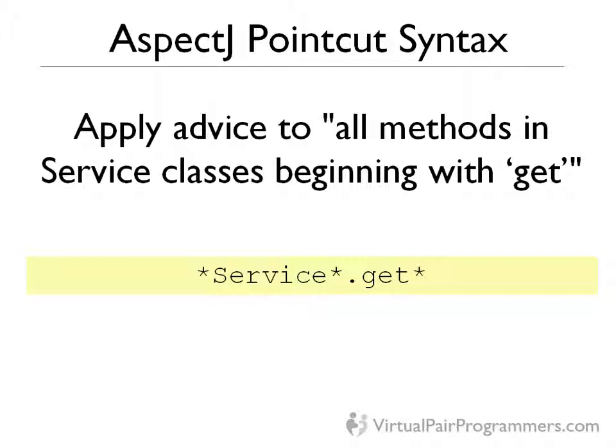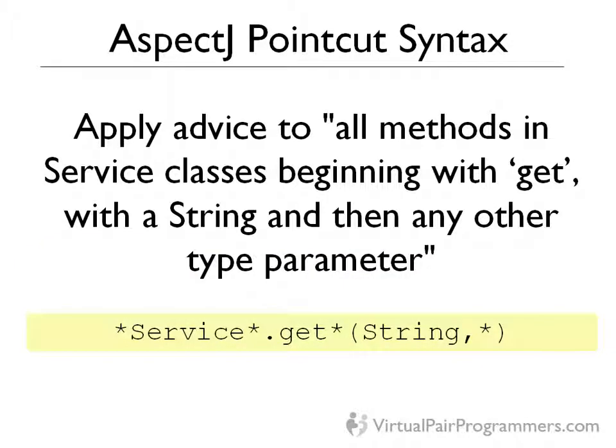Now, this syntax can get really quite sophisticated. I'm going to build this example up and show you some alternatives. For example, we could change the requirements and we could say that, well, actually, we now want the advice to only apply to methods in the service classes, but they must begin with the word get.